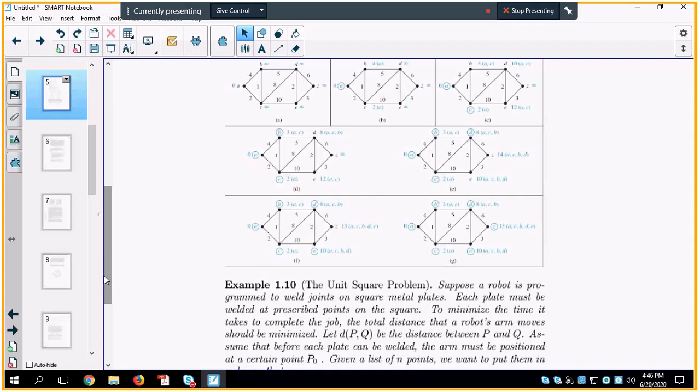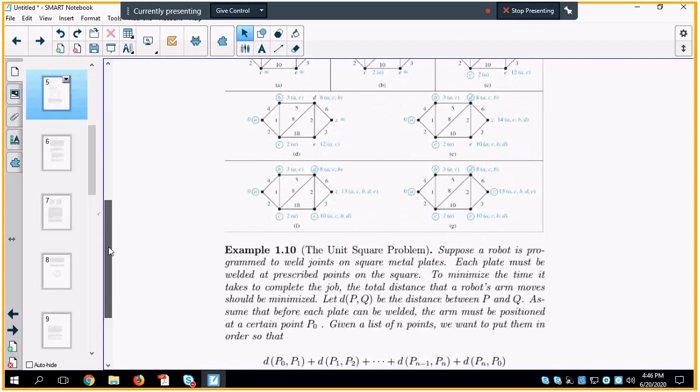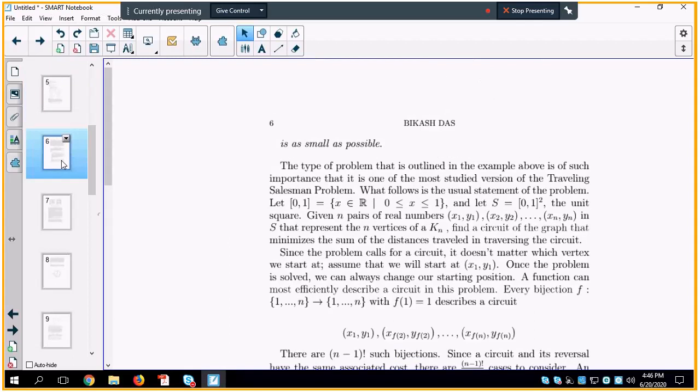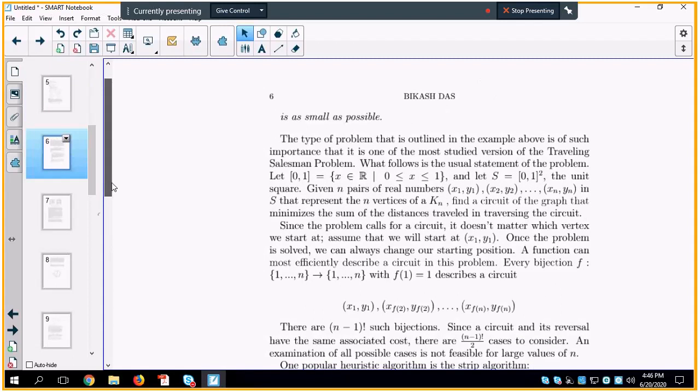We'll denote the distance between 2 points as d of p and q, and assume that before each plate can be welded, the arm must be positioned at a certain point. Given a list of points, we want to put them in order so that the distance of P0, P1 plus P1, P2 plus and so on is as small as possible.